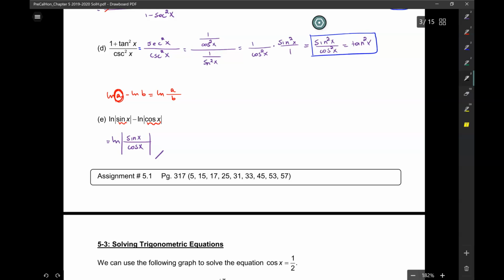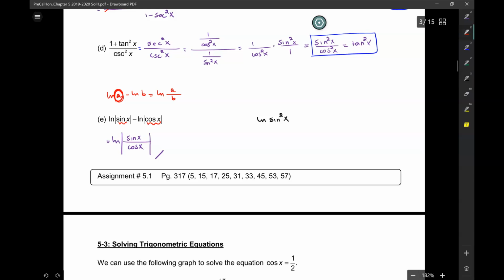In case you encounter some other examples of this, let's just suppose you had ln of sine squared x, something like this. In this case, this is the same as ln of sine of x squared. And because sine is being squared, it already is positive, so there is no need for absolute values.